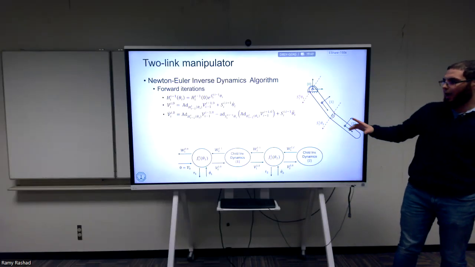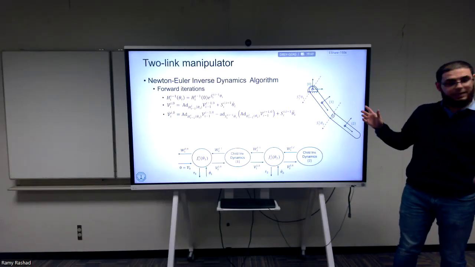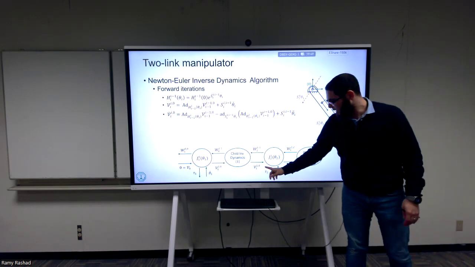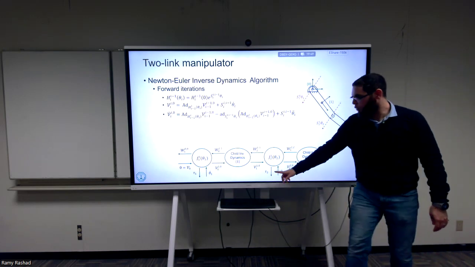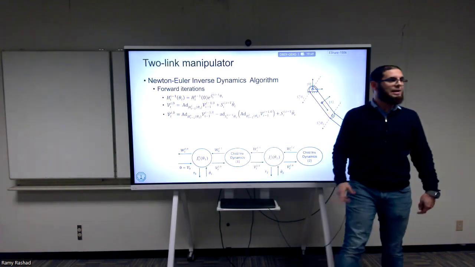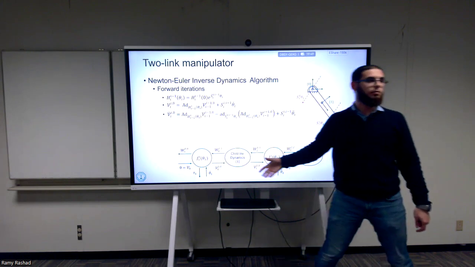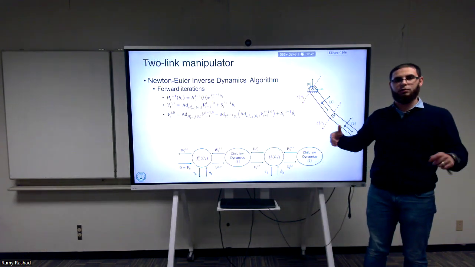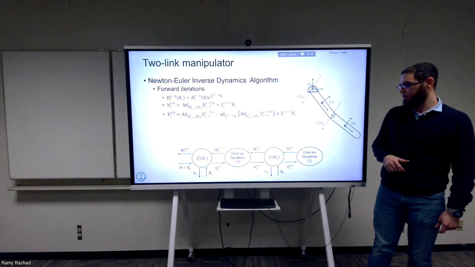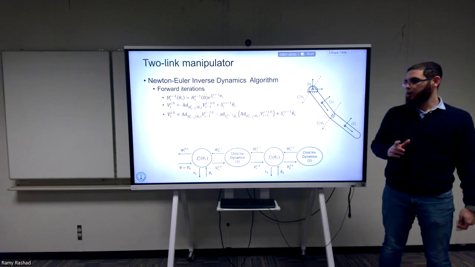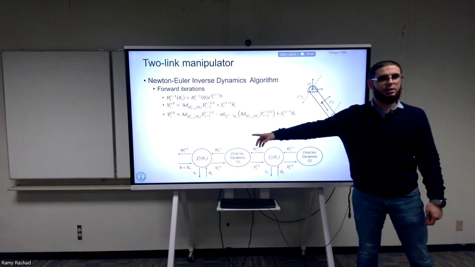And how do we calculate now, in the same way that we did, the taus, tau 2 and tau 1, as a function of theta 2 dot, theta 1 dot, and theta 1 and theta 2 and theta 1 double dot and theta 2 double dot? So this is the goal of what we're trying to do. And you can do it in this order, okay?